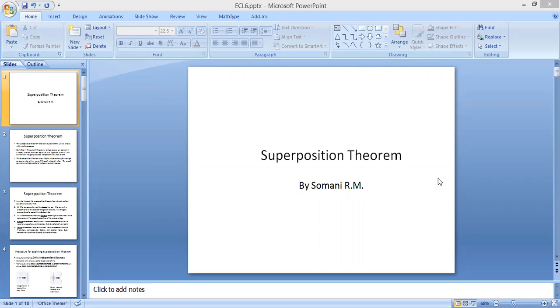Then we have seen about the mesh analysis. Mesh analysis is used to calculate the value of unknown current. Sorry, unknown voltage we calculate from node analysis by using KCL. और हम इसमें क्या करते हैं? In mesh analysis we can derive the unknown value of current by using KVL.